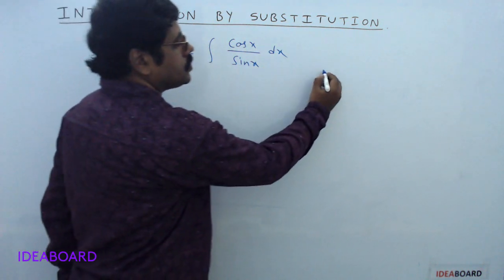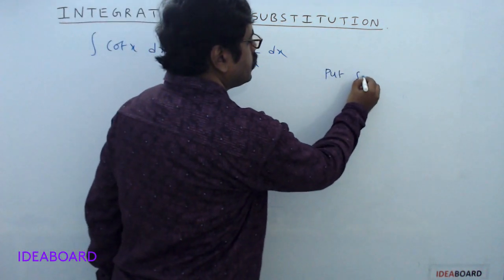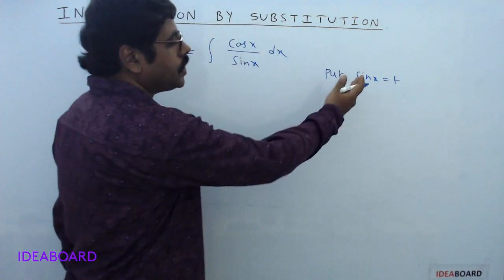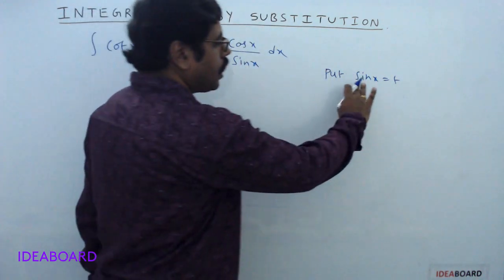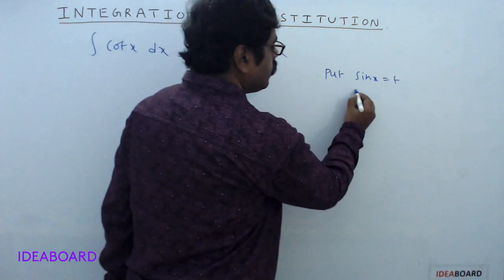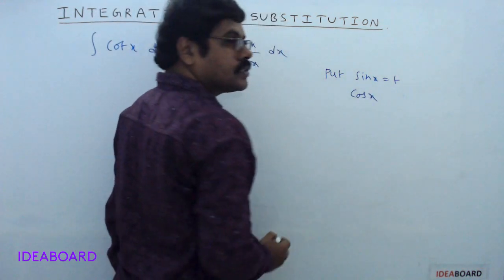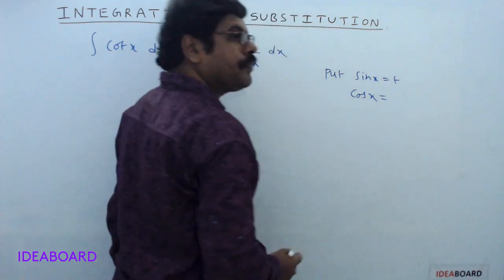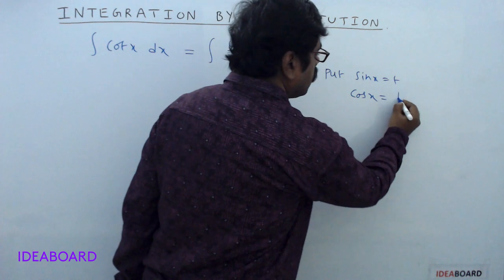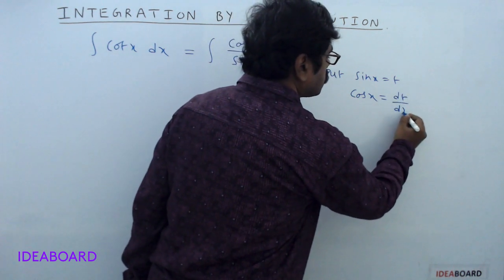Now take the substitution sin x equals t. Differentiate this equation on both sides with respect to x. Derivative of sin x is cos x, equals derivative of t with respect to x, that is dt by dx.